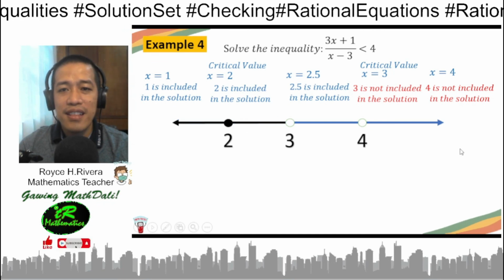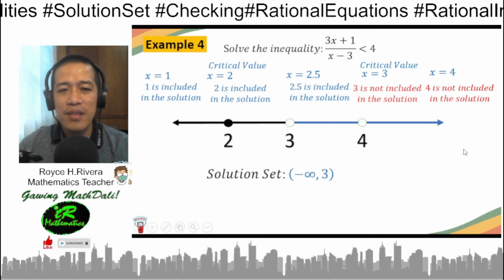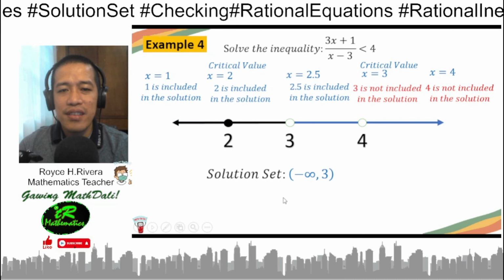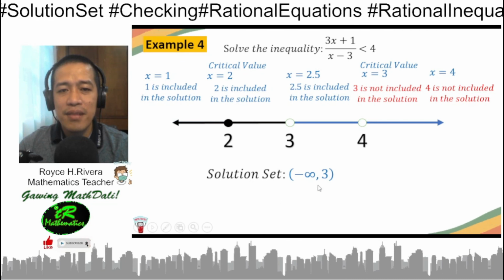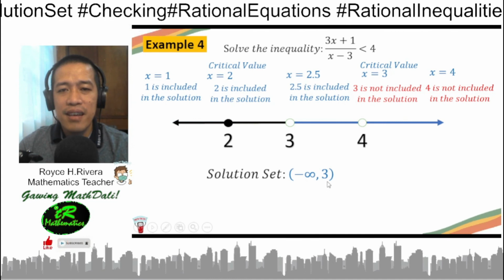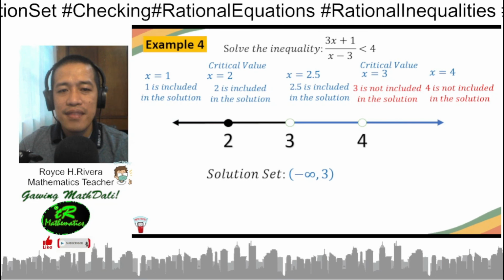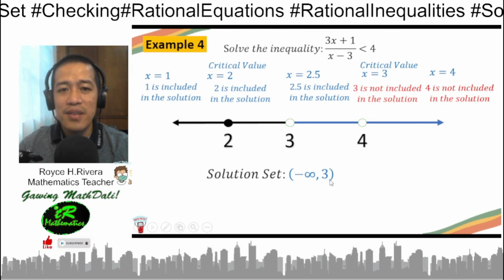And we now write the solution set. So we will use again the set notation, and the solution set is the set of numbers to the left of 3. 3 is not included in the solution set.